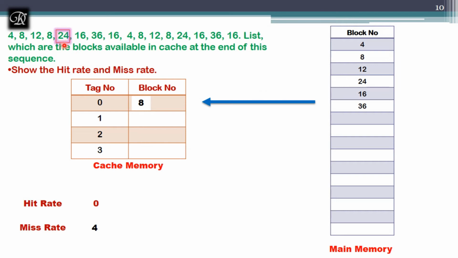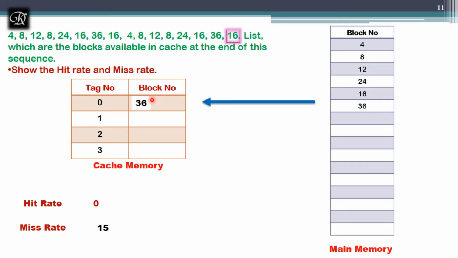Similarly, for 24, 24 modulus 4 is 0. Again it's going to overwrite line 0, and the miss count will be increased by 1. Similarly, if I apply this to the remaining block requests: 16 modulus 4 is 0, 36 modulus 4 is also 0, 4 is 0, 8 is 0, 12 is 0, 8 is also 0, 24 is also 0, 16 is also 0, 36 is also 0.